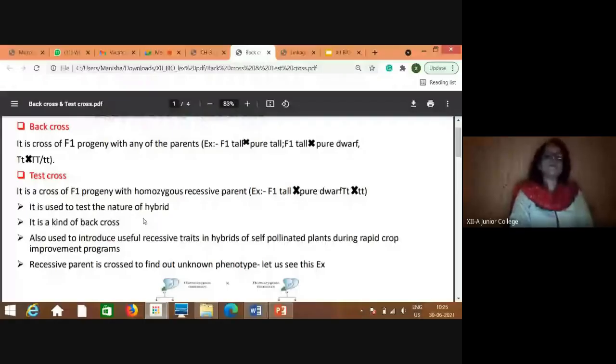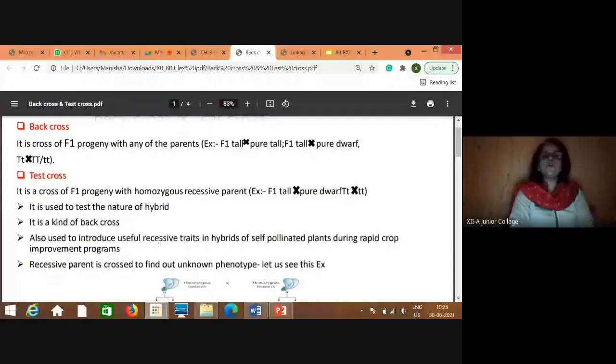What is the importance of this test cross? It is very important to test the nature of the hybrid. When we cross the F1 progeny with the homozygous recessive, we come to know the genotypes of the parents also. It is useful to introduce useful recessive traits in hybrids of self-pollinated plants during rapid crop improvement programs.